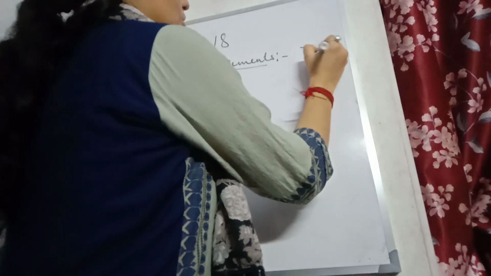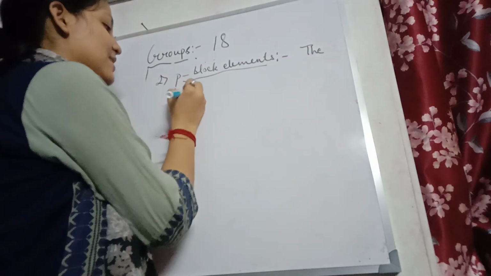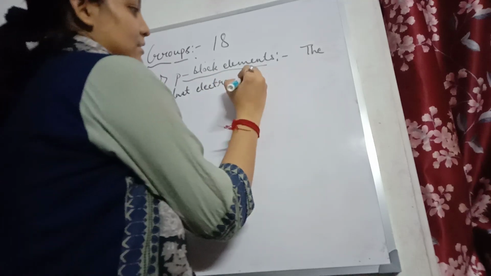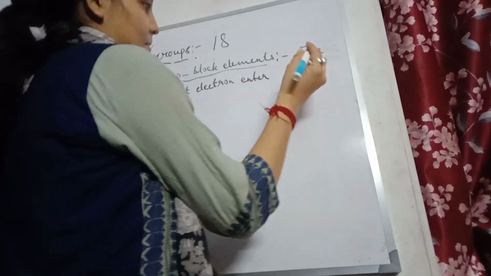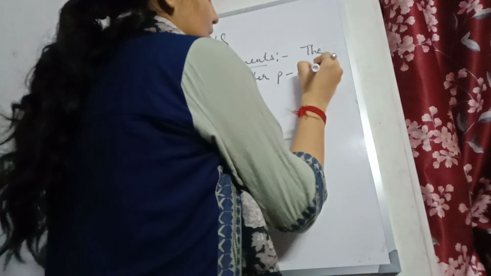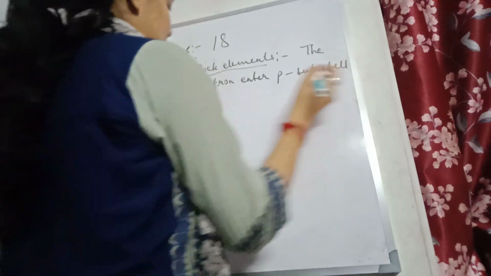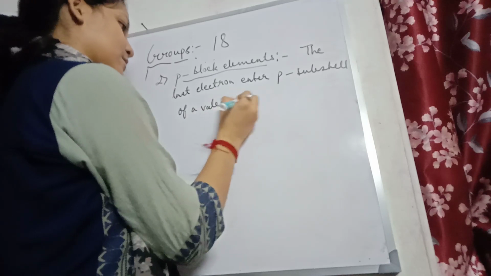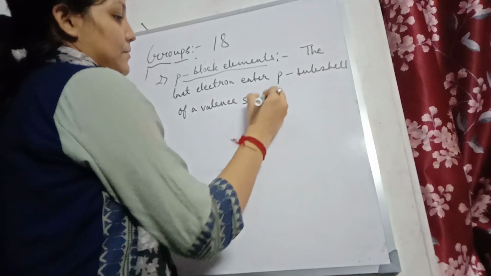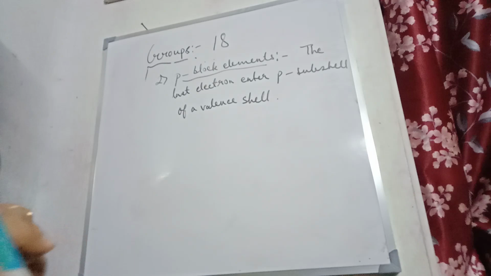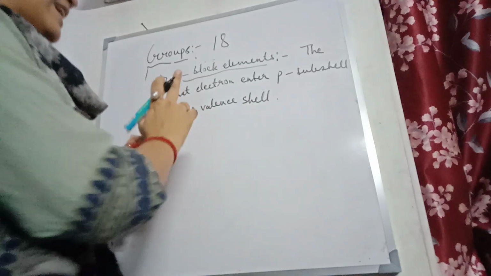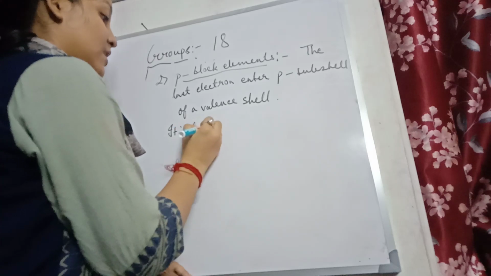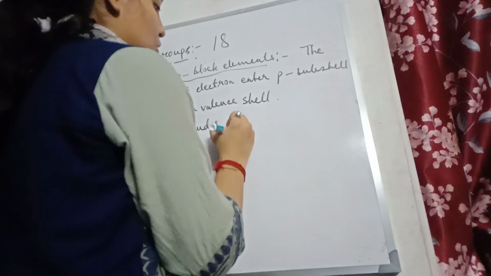If the last electron enters the P subshell of a valence shell, then those elements are your P block elements. Now which groups does it include?